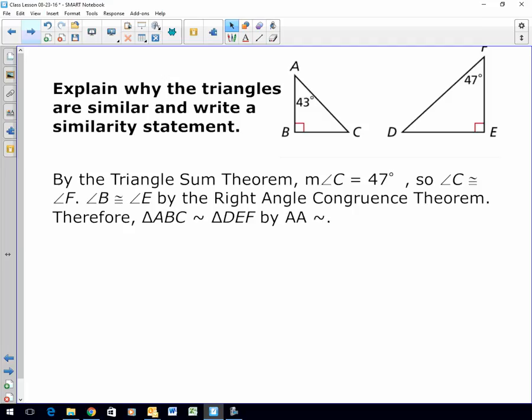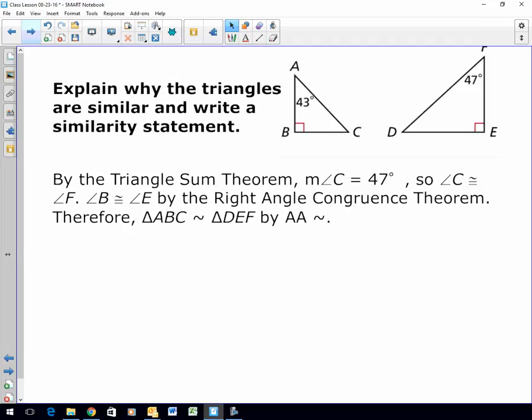Let's do another example here. It says, explain why the triangles are similar and write a similarity statement. Now check it out. I have to know a little bit about that other theorem that I just gave you, the triangle sum theorem, in order to solve this problem.